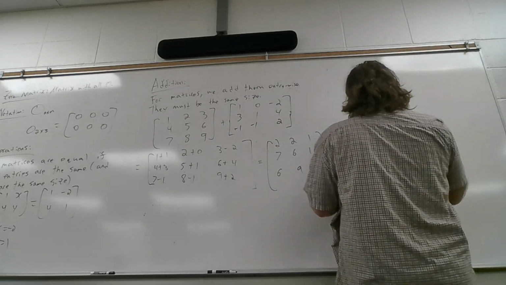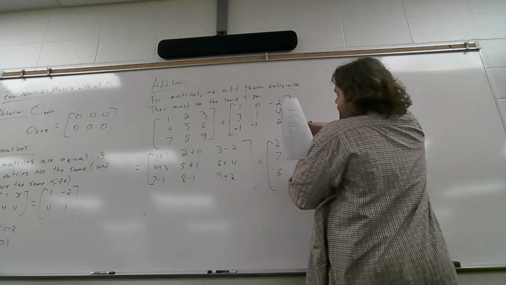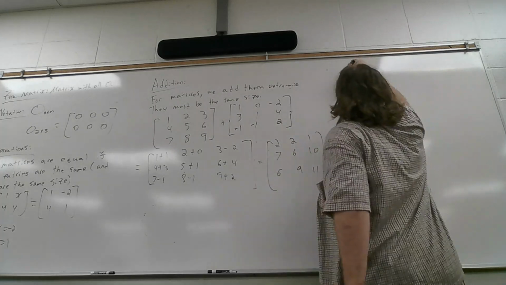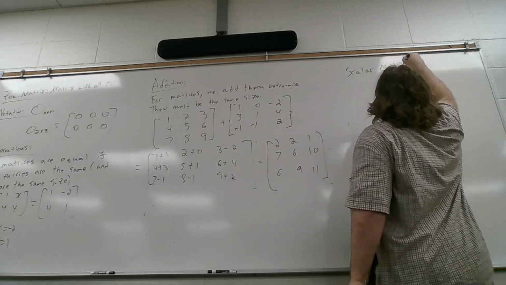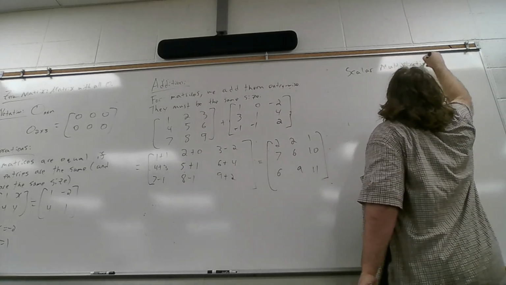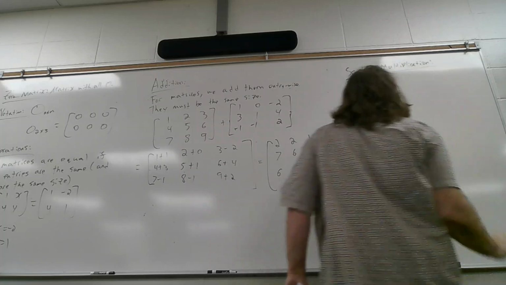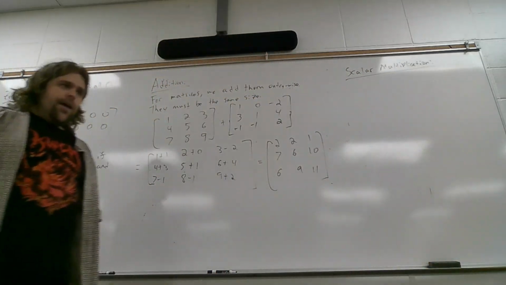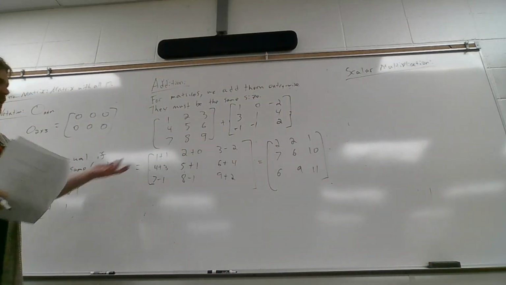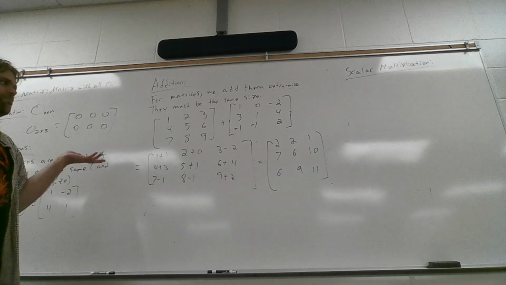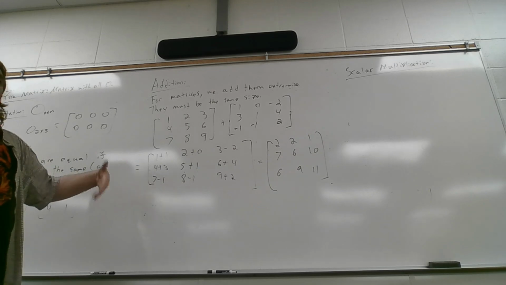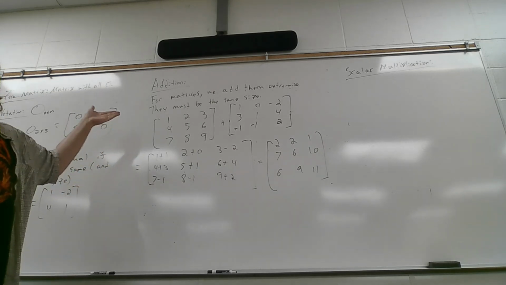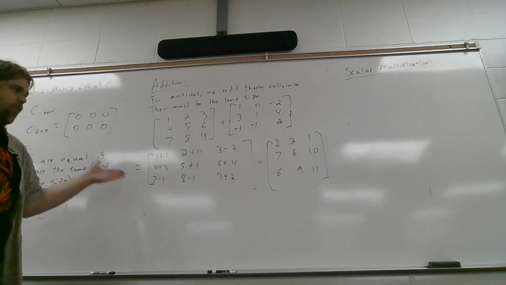So something else we can do to matrices. We can do scalar multiplication. And that's something that we could do with vectors. And this makes sense, because what is a matrix? It's a grid of numbers. What is a vector? Well, it's ultimately a grid of numbers too. It's just we've decided to write them a specific way, right? It's either just a column or it's a row.